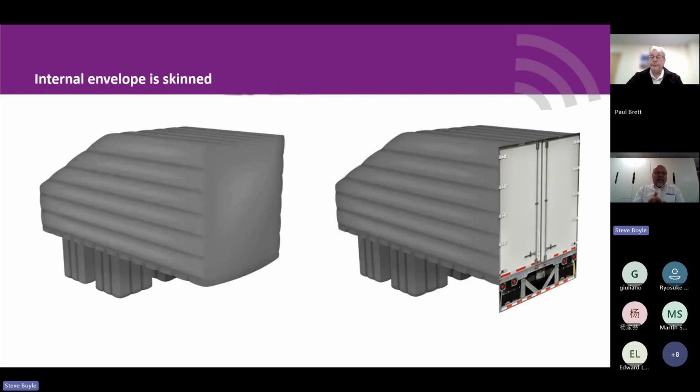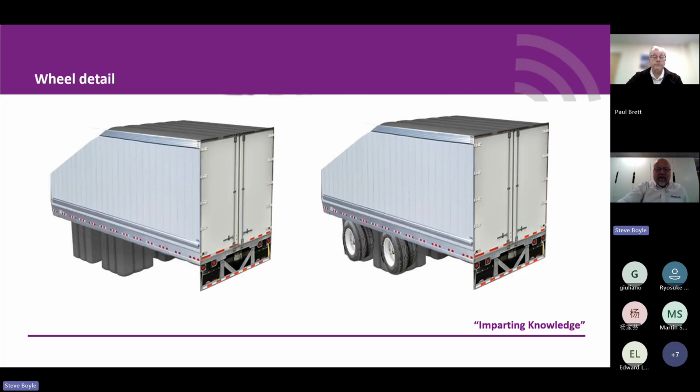So we came up with the concept of a bare inflatable shell, and then we'll be able to add an image to that, because the inflatables have ribs in them that stop them inflating. Then we can add the images to make it more realistic: the wheels, the tailgates, the sides.